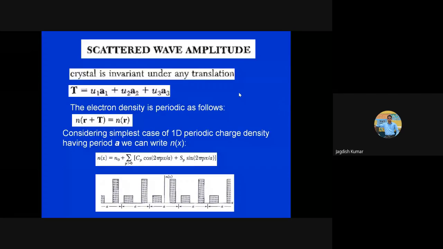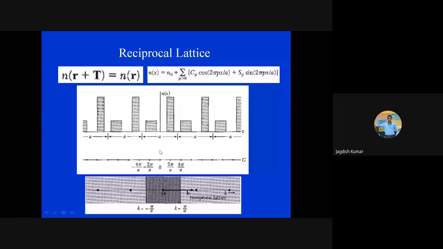Fine. So in 1D, if this is the translation vector, n times or u1 times a1, what will be the corresponding reciprocal lattice vector? The reciprocal lattice vector is going to be given by this one. From here we can get the lattice vector for the reciprocal lattice. It will be 2 pi by a, 4 pi by a, 6 pi by a, and so on.